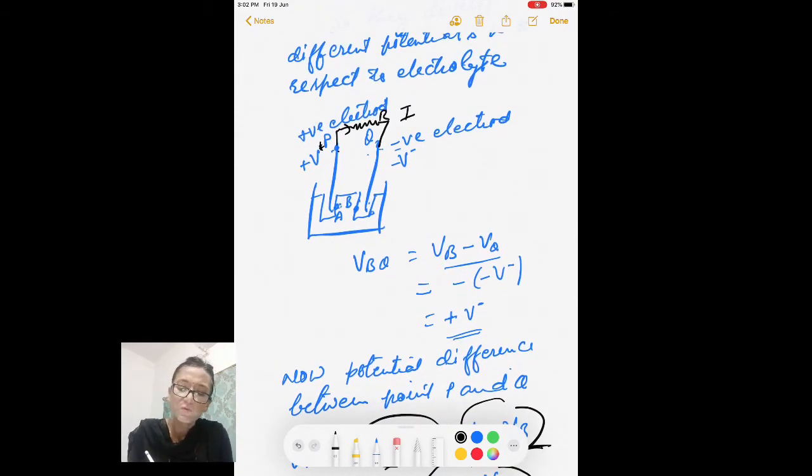Now a current is flowing in the outer circuit from P to Q, but in the inner circuit it is from B to A. In the outer circuit it is from A to B.